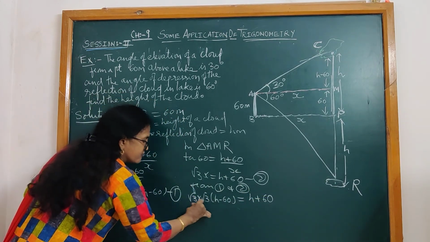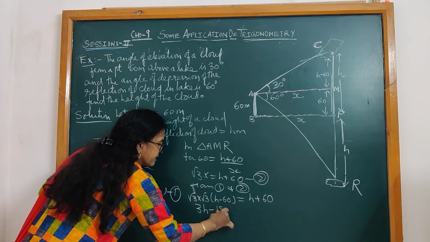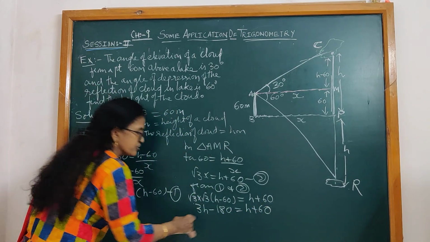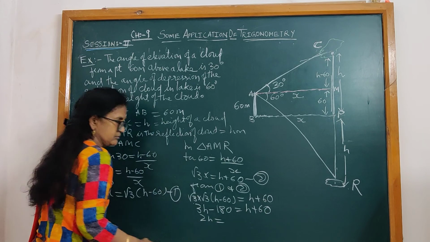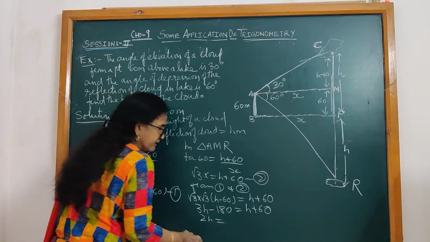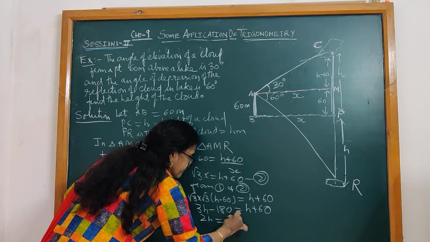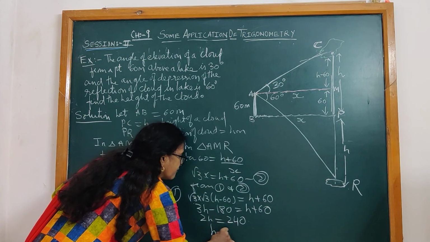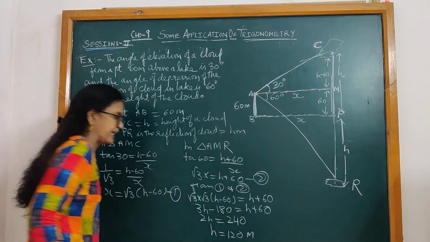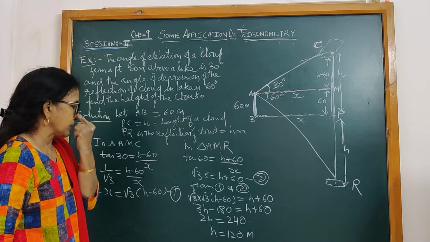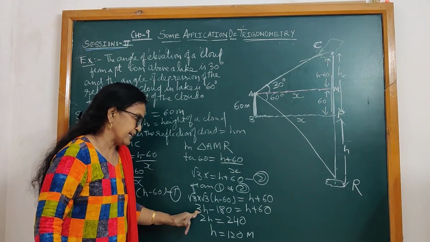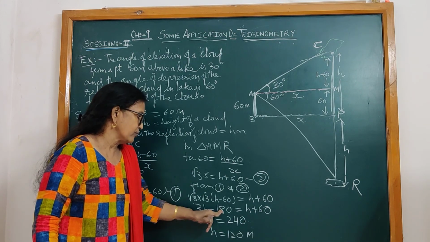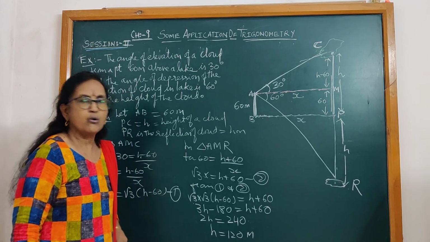Root 3 times root 3, 3h minus 180 is equal to h plus 60. 2h is equal to 180 plus 60, that will become 240. h is equal to 120 meter.